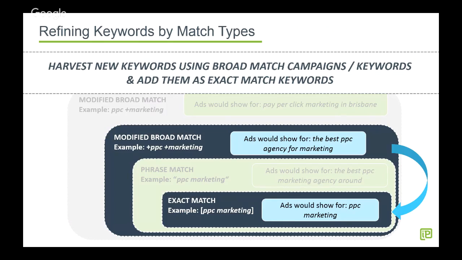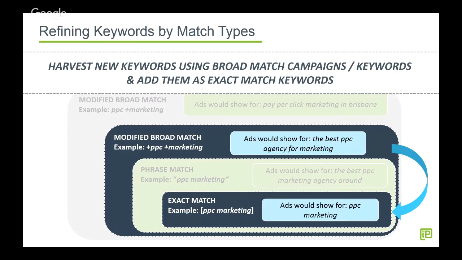So the reason why this structure is quite effective is it gives you a two-pronged approach. First, our broad match modified keywords are a little more qualified than just a straight broad keyword. So obviously if it's just straight broad, you can show for a lot more variations. But if we're using the broad match modifier, for example, PPC marketing, those two terms have to show within my search query like that.